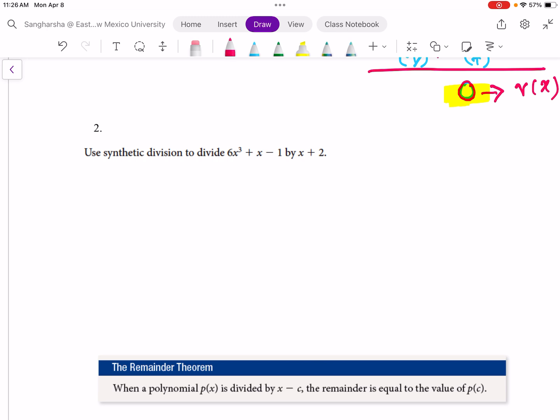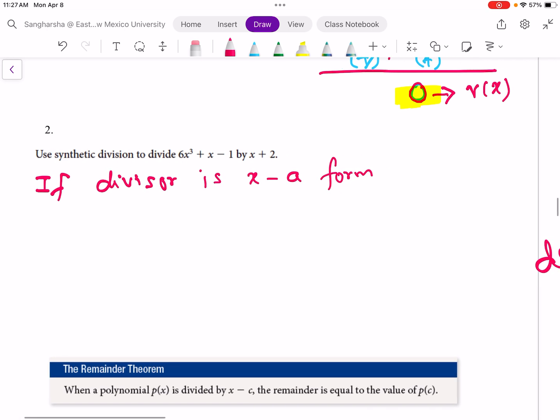If the divisor is of the form x minus a, where a is any number, then only use synthetic division.